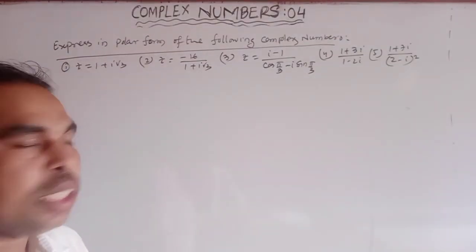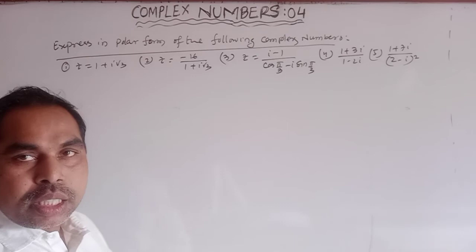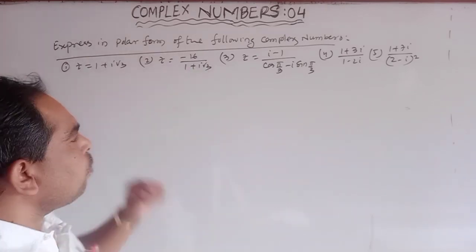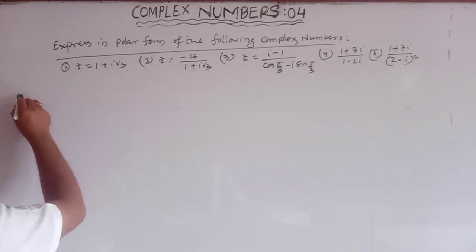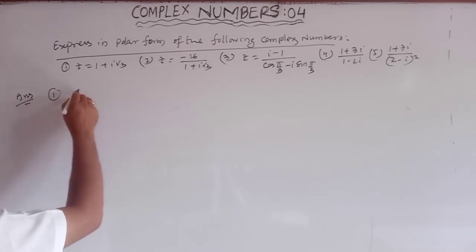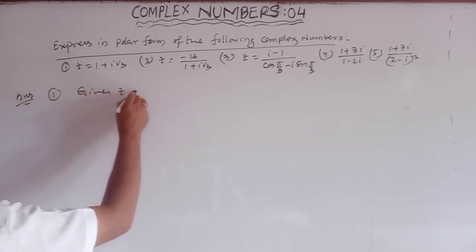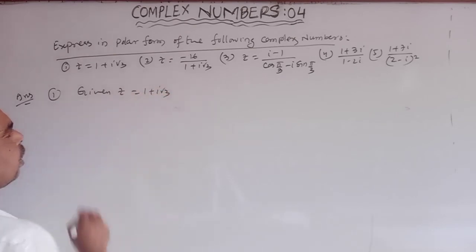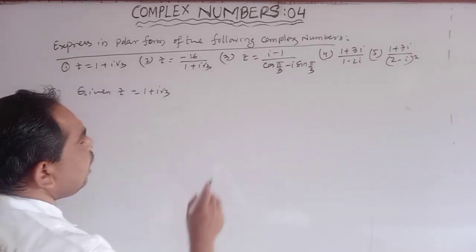These are the questions. Express the following complex numbers in polar form. Answer 1: given z is equal to 1 plus i root 3, find the polar form and also the Euclidean form.